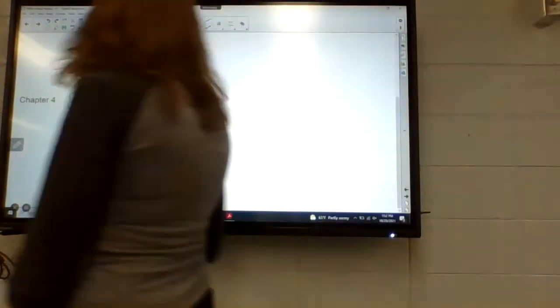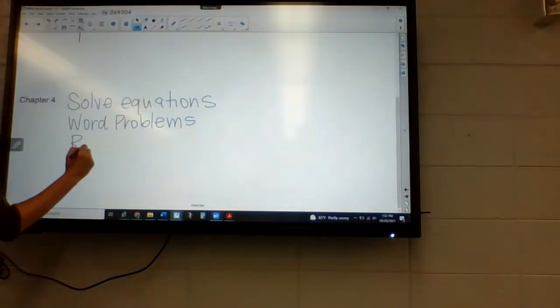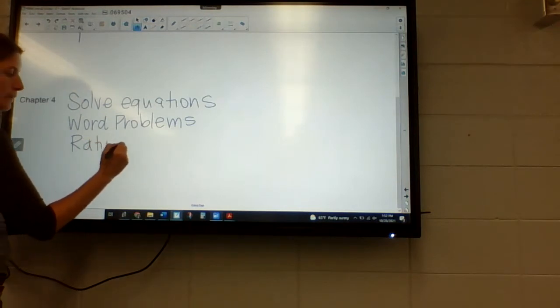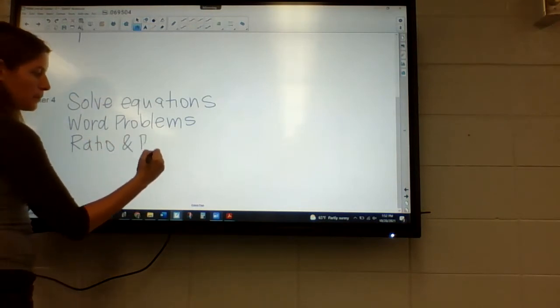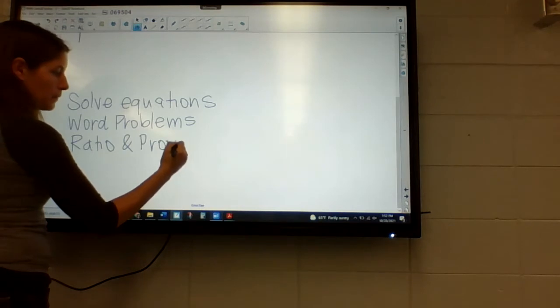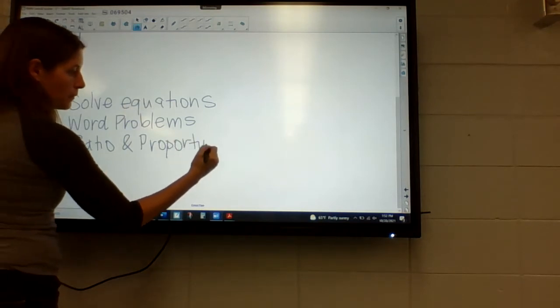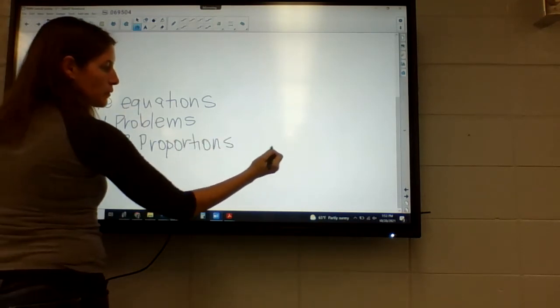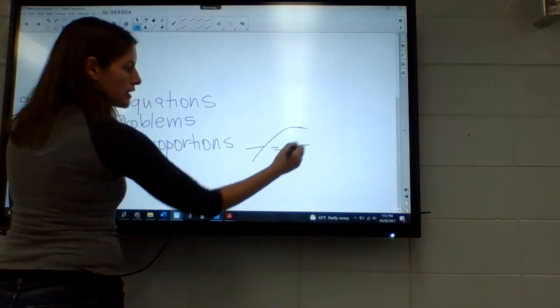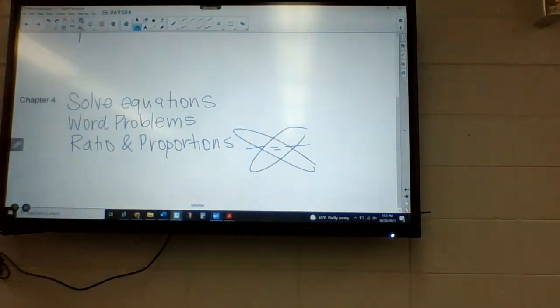And then we talked about ratios and proportions. That's when I have two fractions and I can set them equal and then cross multiply to solve.